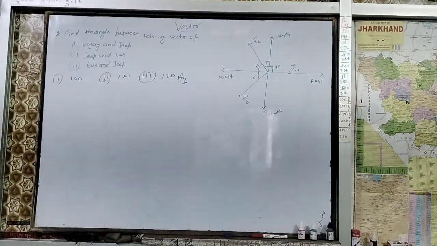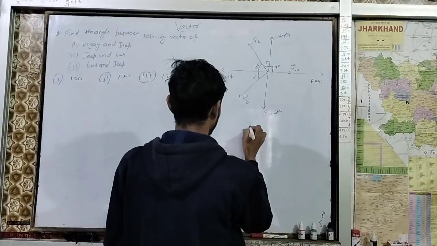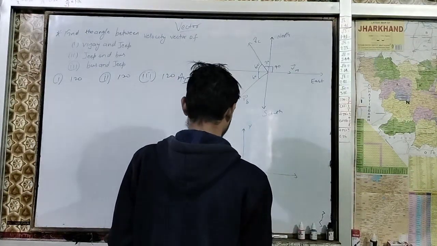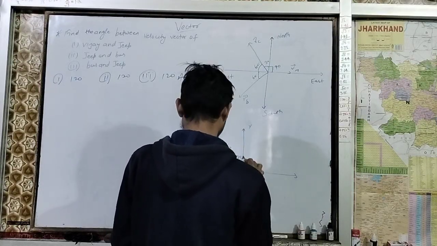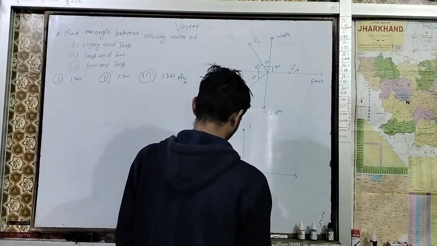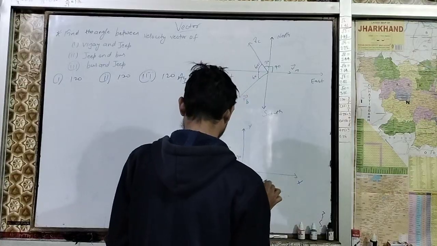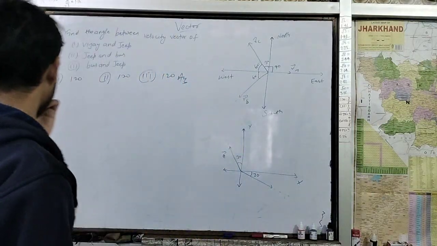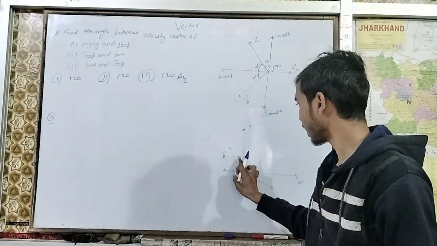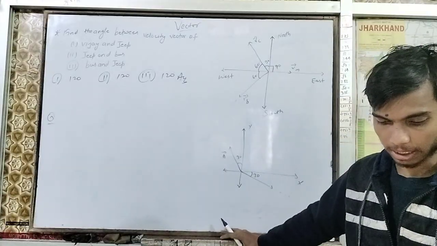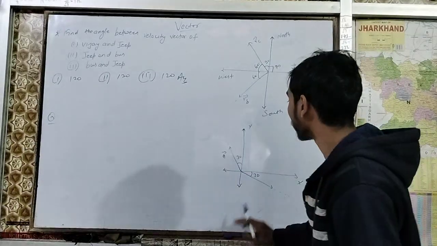Okay, next question. This is the figure for the next question, and the statement is: a vector A makes an angle of 30 degree with the y-axis, in the anti-clockwise direction, like this.